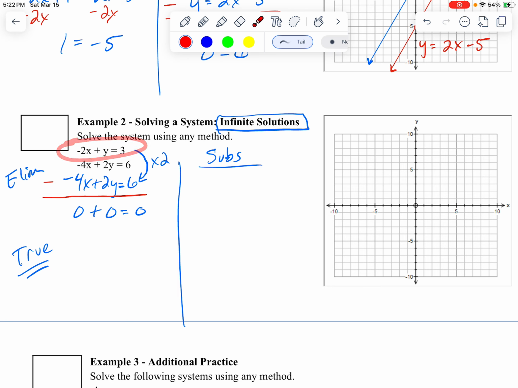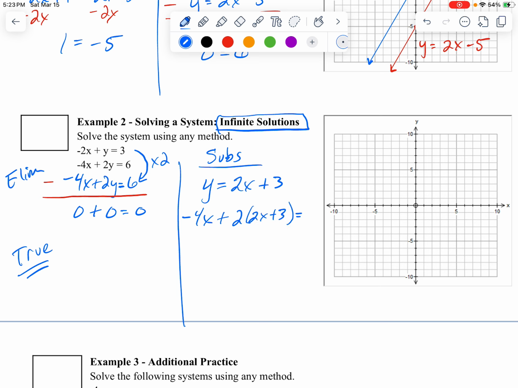If I just add 2x to both sides, you'll end up with y equals 2x plus 3. And if I substitute that into the bottom equation, you get negative 4x plus 2 times 2x plus 3 equals 6. This is probably the worst way to do this in this situation.